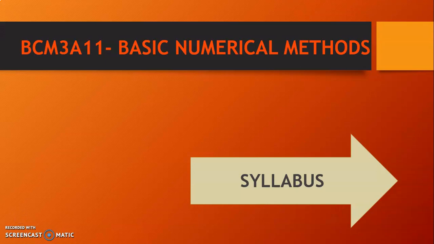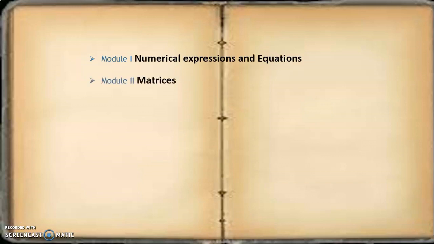Let us check the syllabus. We have 5 modules. 4 modules for mathematics and 1 module for statistics. The first module is numerical expressions and equations. The second module is matrices. The third one is sequences, series and progression.